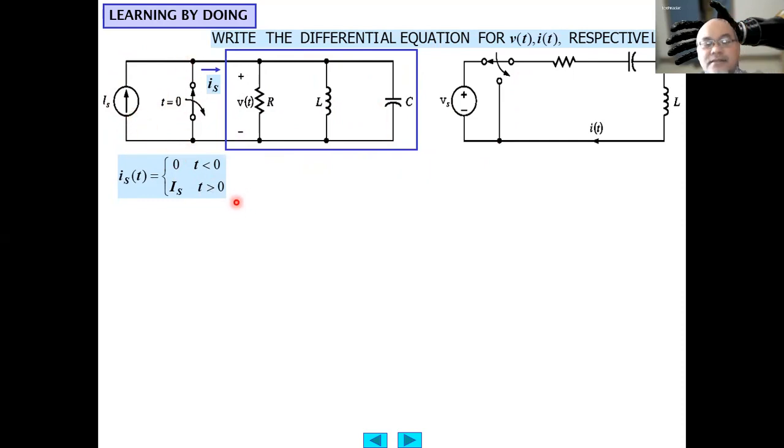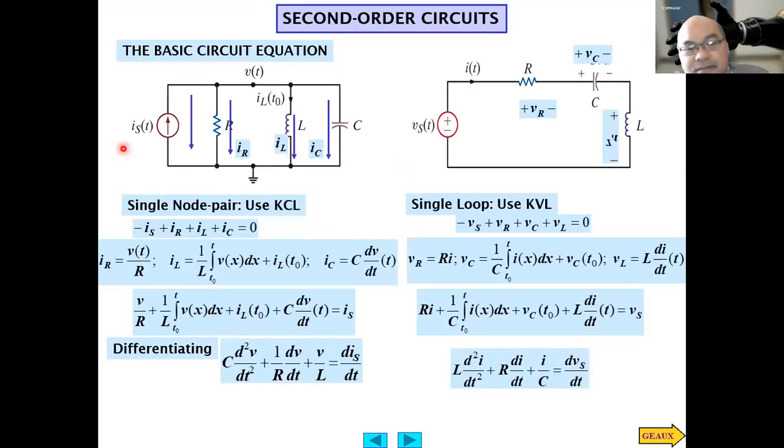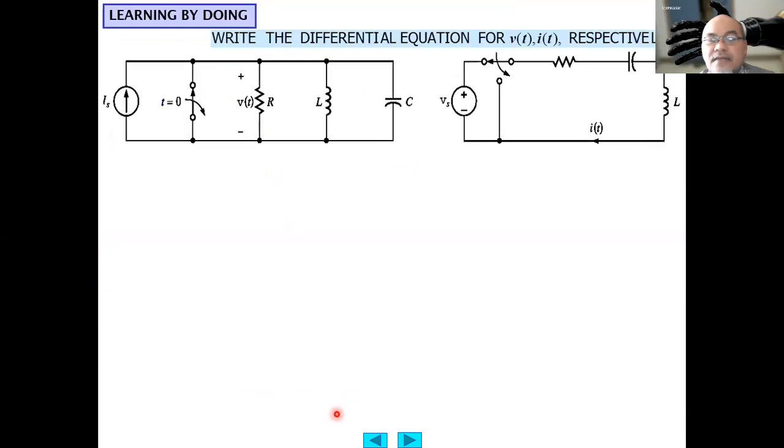At t larger than 0, Is will flow to this branch, which has these parallel branches of resistor, inductance, and capacitance. The model for the RLC parallel is the same as what we derived in the previous slide. For the left side of the picture, C d square V dt square plus 1 over R dV dt plus V over L equals dIs dt.